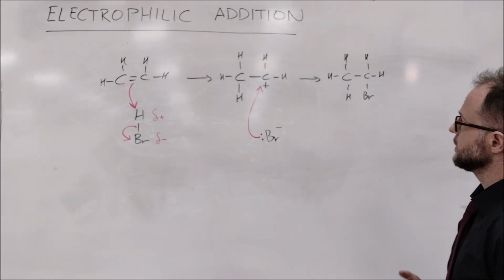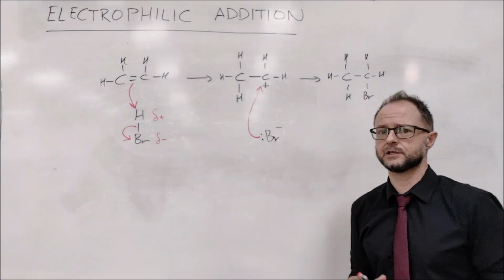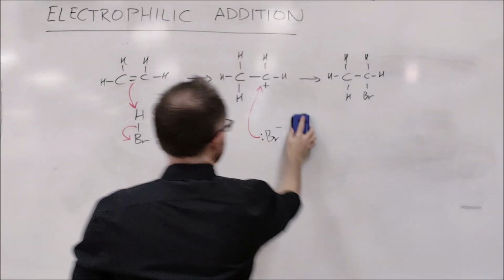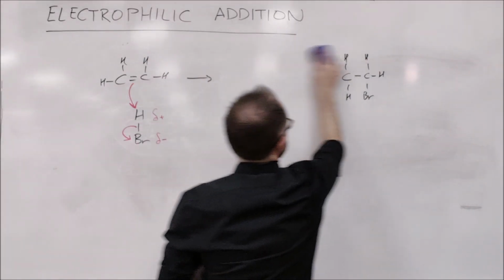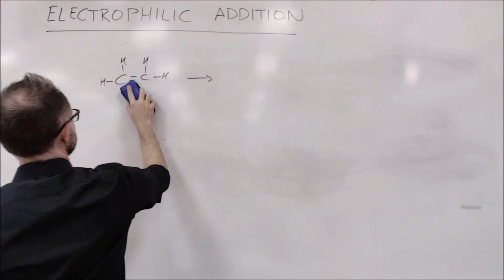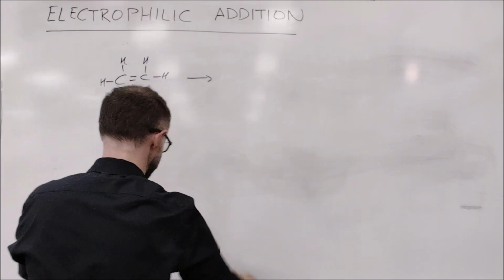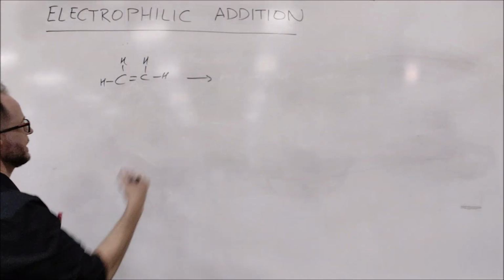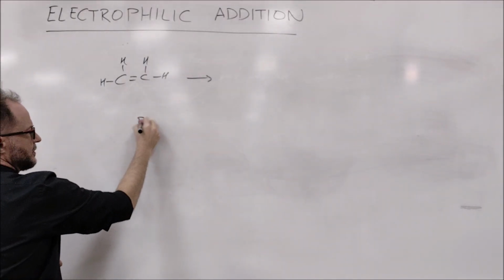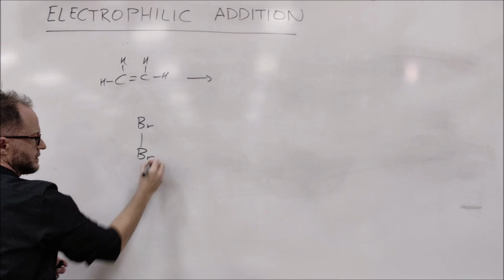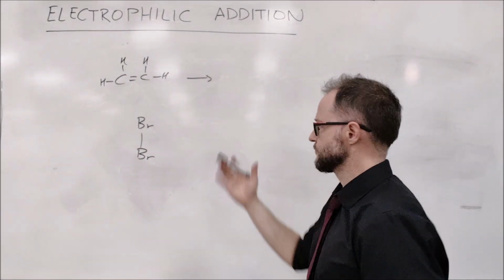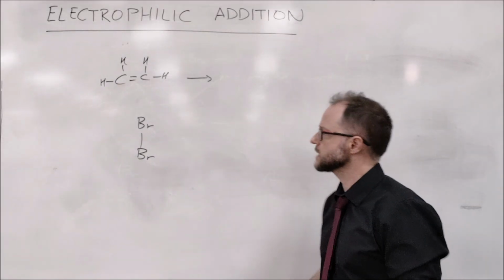Now that's all very well, but what if we had, for instance, bromine instead of hydrogen bromide? Alright, let's get rid of this. It's going to be very, very similar. Once you can do the mechanism once, you can do it again and again and again. Let's put the bromine in here. So of course, if you were to be asked which is the most electronegative, bromine or bromine, well that question makes no sense.